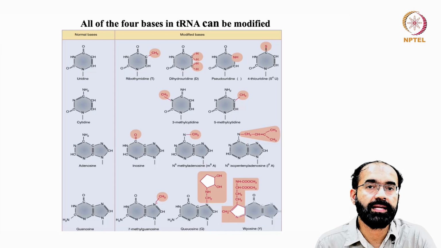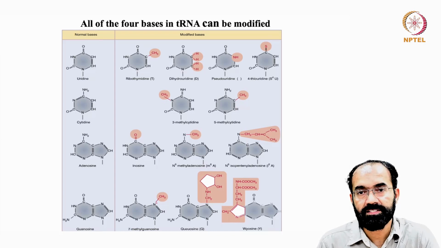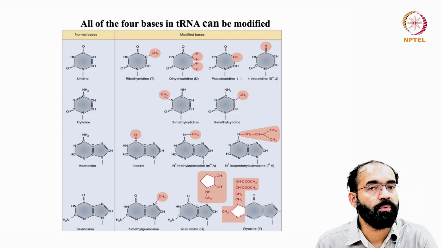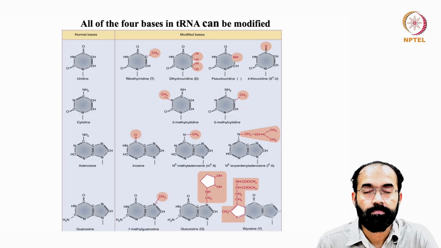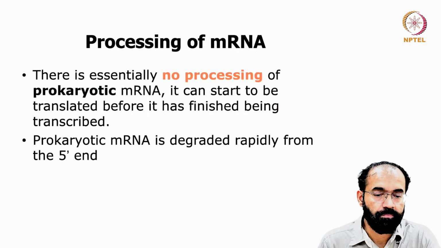Say if a tRNA is not aminoacylated, it is basically useless. So this is what we should keep in mind, that it can always undergo modification. Now let us come back to the routine processing of the mRNA and we will understand it in more detail.